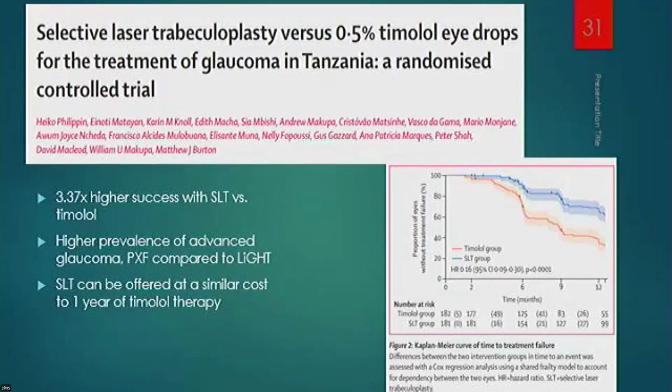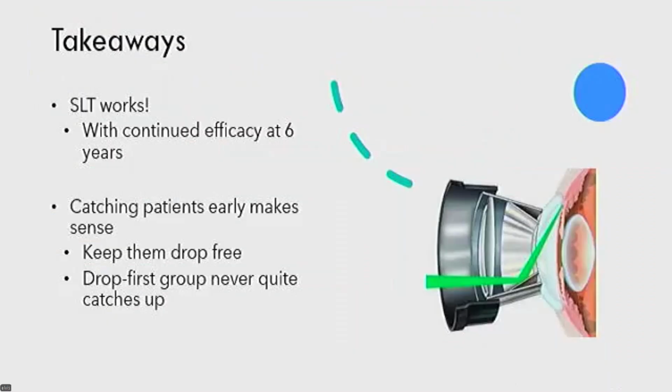Granted, it's only 1 year of follow-up as compared to LiGHT's 3 and 6, but at least there's a signal there that demonstrates further the value add of SLT. And again, reducing medications and doing it at relatively low cost. SLT was effectively the same as 1 year of timolol therapy and had better results at 1 year. So when you get over the initial investment, you are actually providing greater value per unit cost.